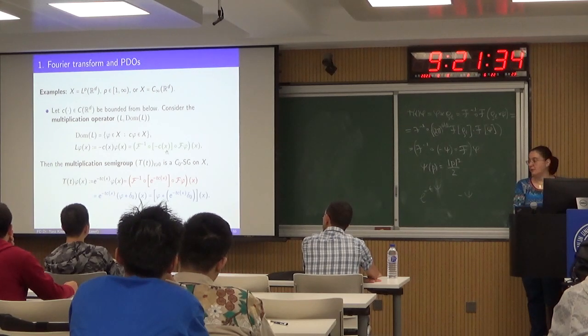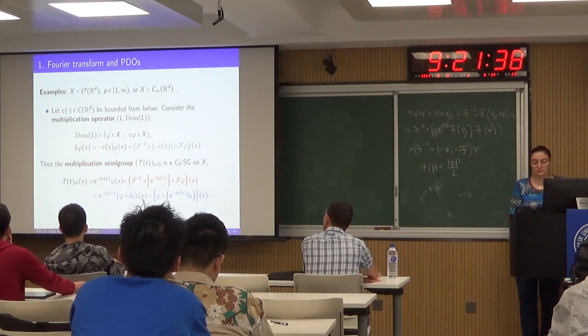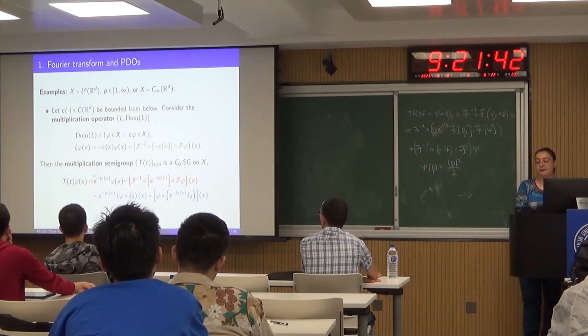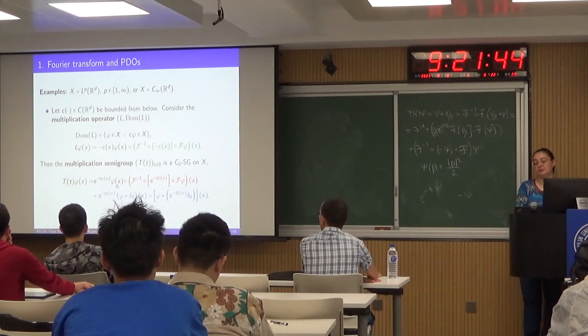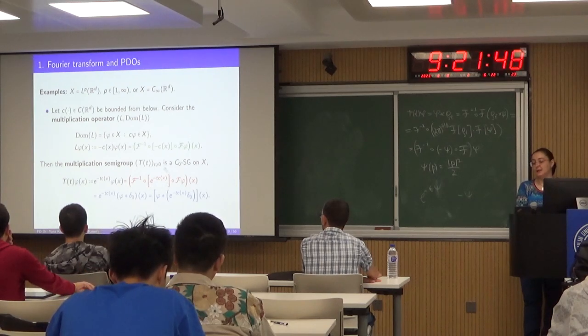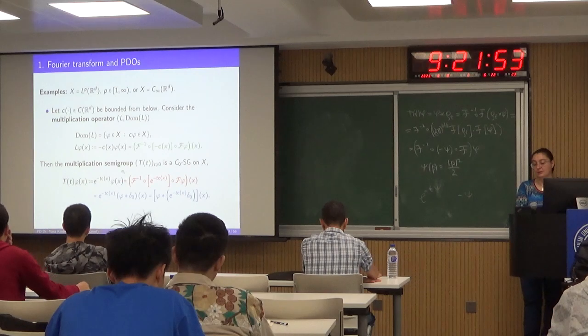The symbol does not depend on the momentum variable. And then the multiplication semigroup itself, again, can be represented as a pseudo-differential operator with this symbol. Again, this symbol does not depend on the variable, so we can pull everything out here. And the Fourier and inverse Fourier eat each other, and we obtain just this.